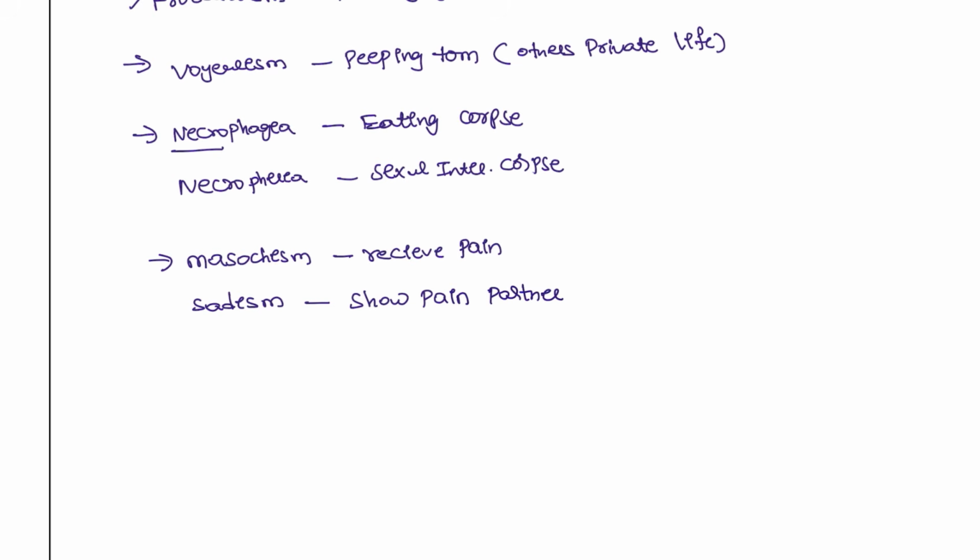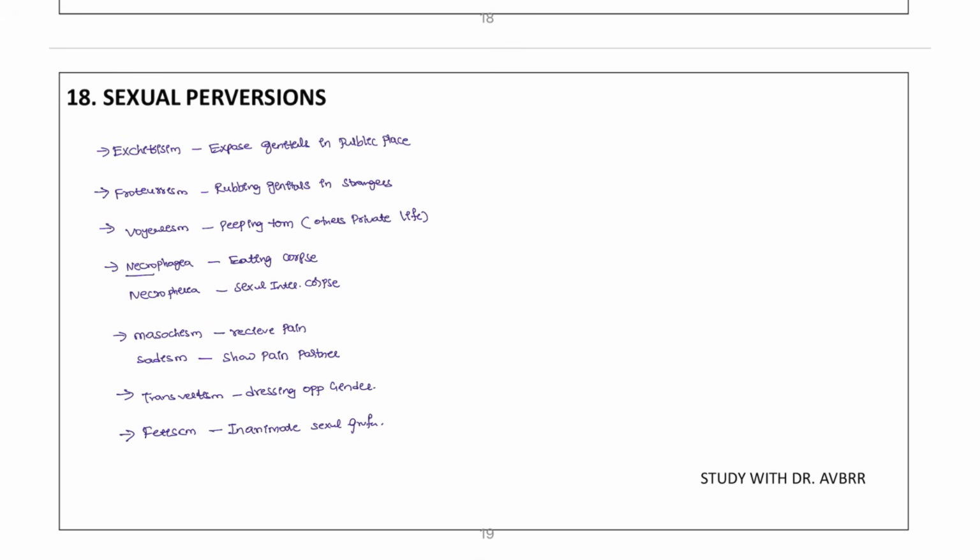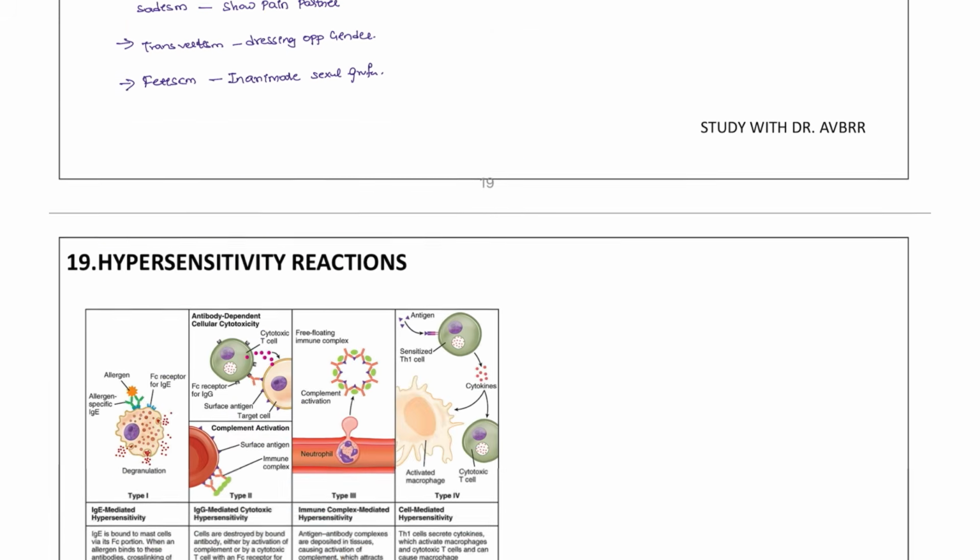Okay, next, another condition, transvestism. Transvestism means dressing like the opposite gender, that is seen with this condition. Next, fetishism. Fetishism is when inanimate objects are used for sexual gratification. Okay, these are the types of sexual perversion that were previously asked in the examination.